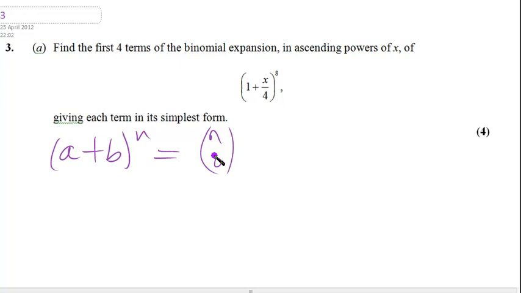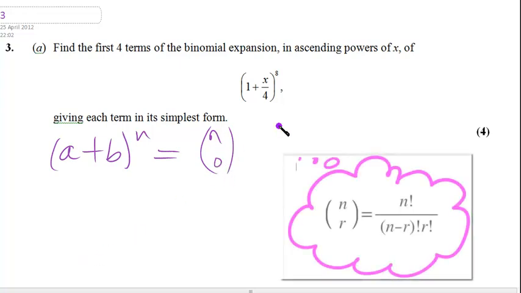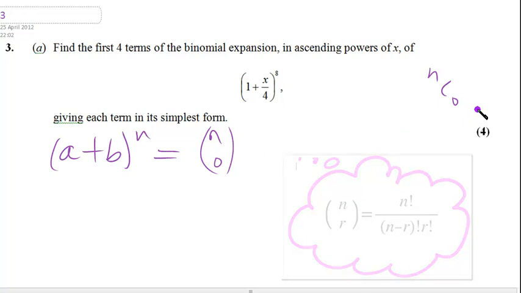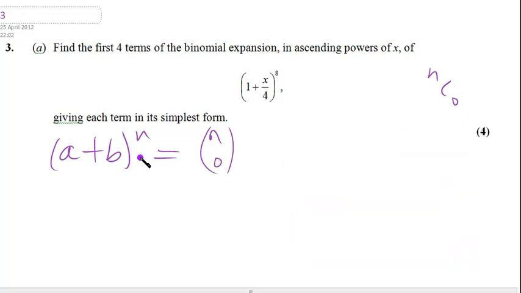Hopefully you're familiar with this notation. If you're not, do look up this notation and what it means. We have nCr as the formula, where r is the rth term. Anyway, the first term is always 0 in a binomial. It doesn't start at 1, it starts at the 0th term.